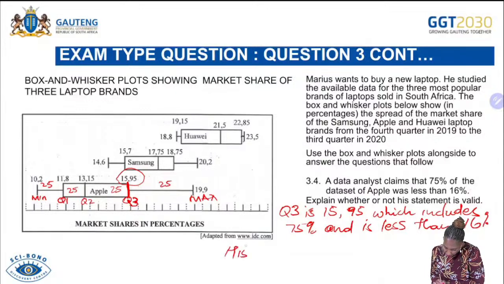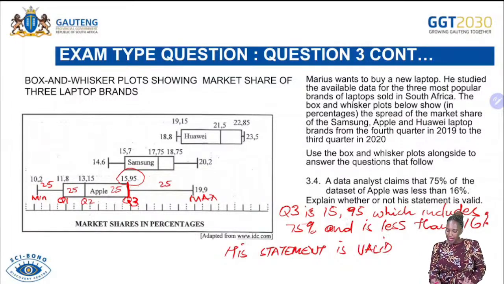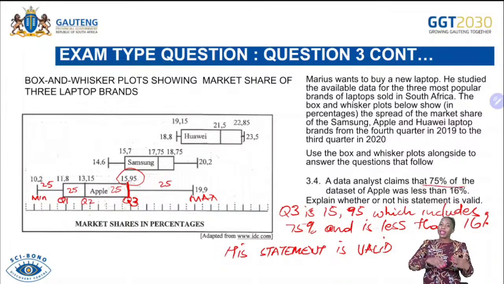So his statement is valid. So boys and girls, can you see how you answer this? Because now it says the data analyst says 75% of data set of Apple is less than 16%. And just by merely looking at this, the Q3, which is the 75th percentile, is at 15.95, and that is less than 16%, including the 75th percentile. So that means his statement is valid.